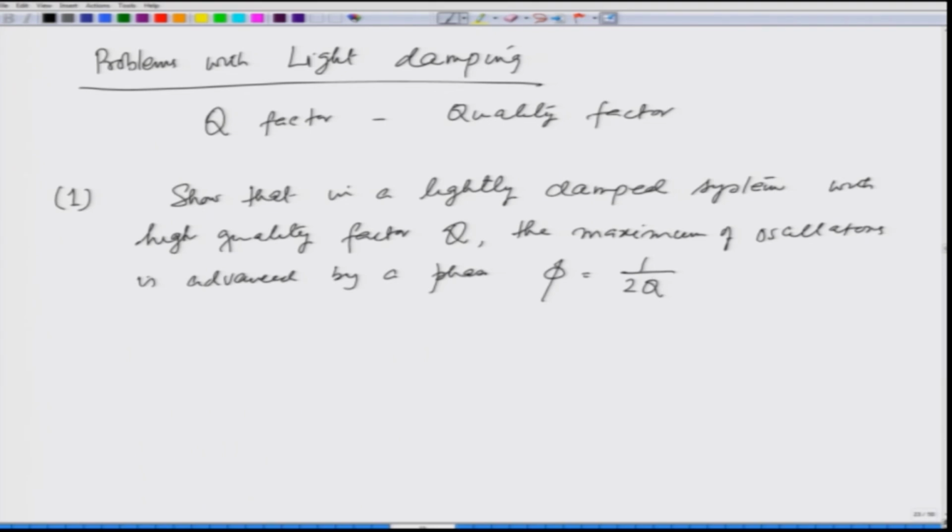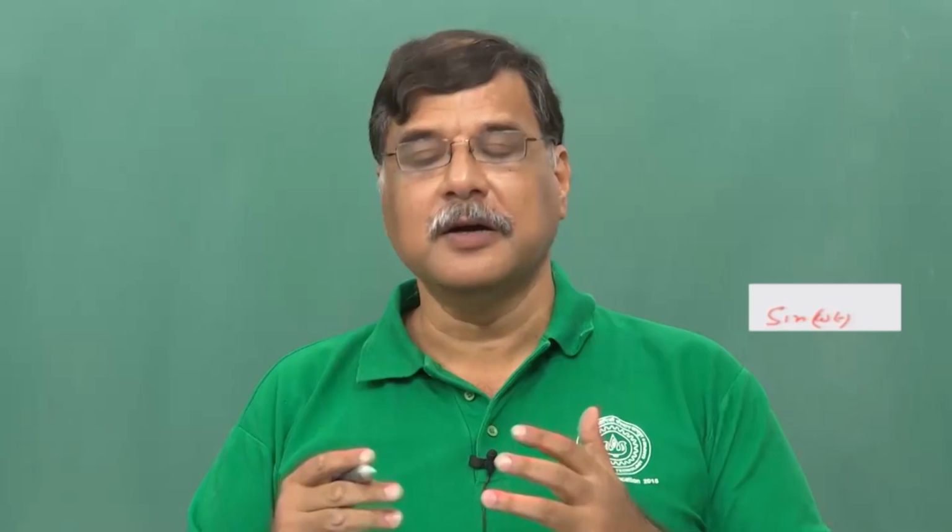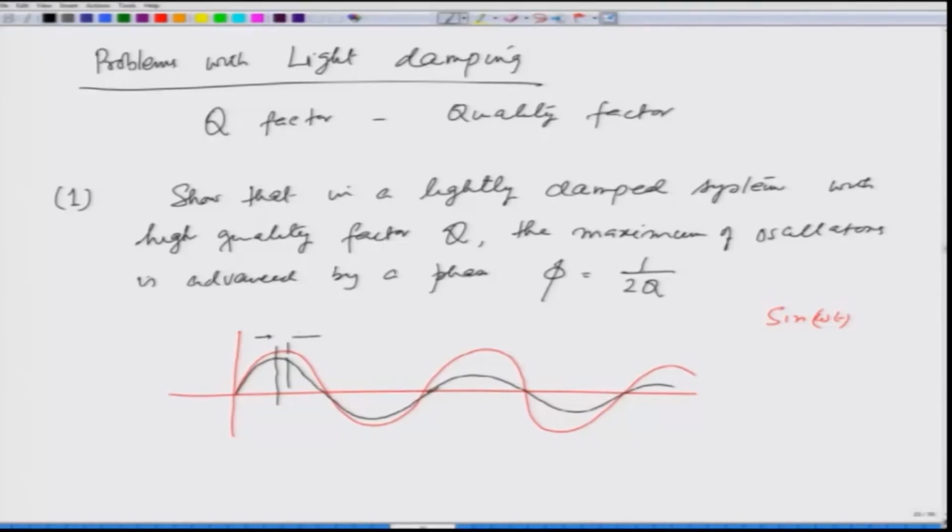So, let me just remind you what happens if there is a system which is undamped, it goes on with equal amplitude. On the other hand, if there is a system which is damped, its amplitude starts going down with time. And what we want to show is that this maximum is advanced. Advanced means it occurs earlier by a phase phi.